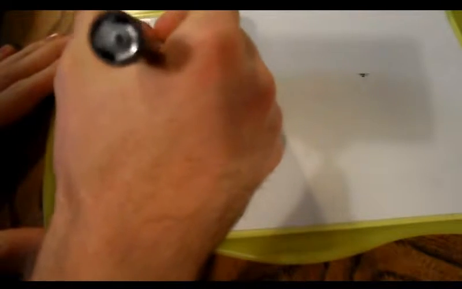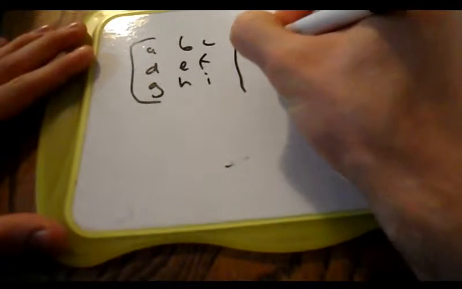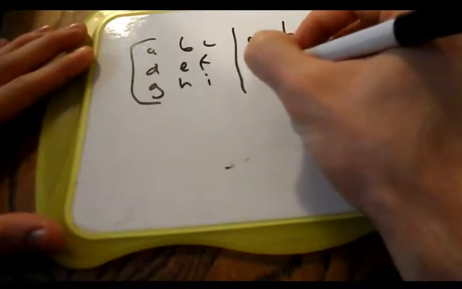Now I'm going to quickly run through an alternative method for finding the determinant of a 3x3 matrix. If you have A, B, C, D, E, F, G, H, I, we're going to add on A, B, D, E, the left hand side of this matrix.